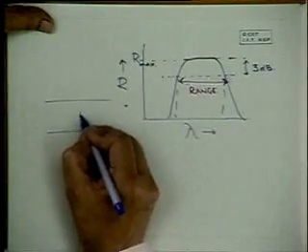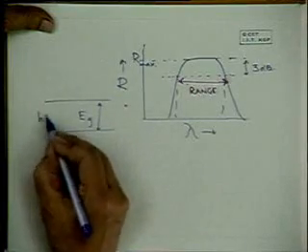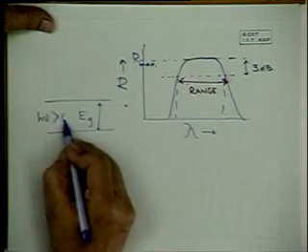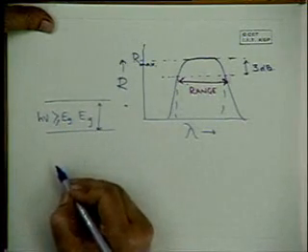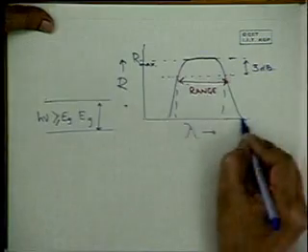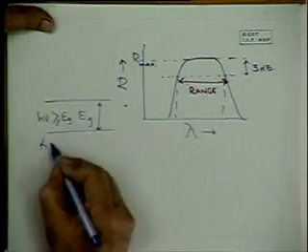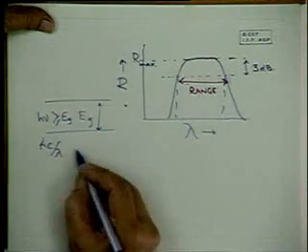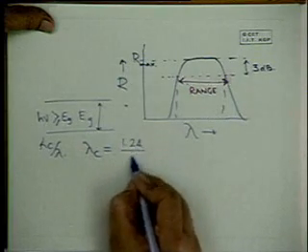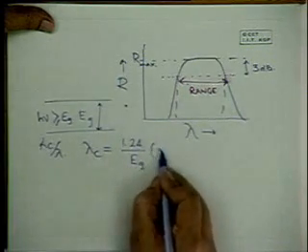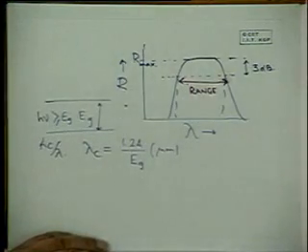So if this is Eg, h nu must be greater than or equal to the band gap, and this is equal to hc by lambda, so there will be a long wavelength cutoff, 1.24 by Eg. This is one of the factors that determines the spectral range.